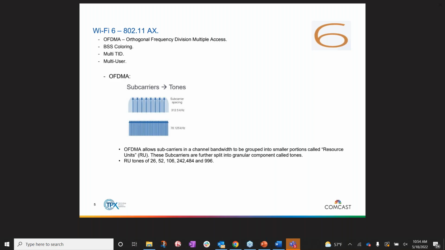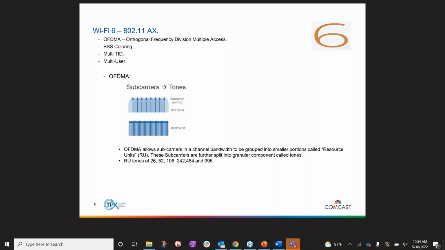Not just transmission only, we are reducing the overall contention time for each station. In the previous case, in 11AC, other clients have to wait because one active client is doing the transmission. In this case, multiple clients are doing active transmission in terms of uplink or downlink. So we are reducing the overall wait time of each client, and thereby collisions also.